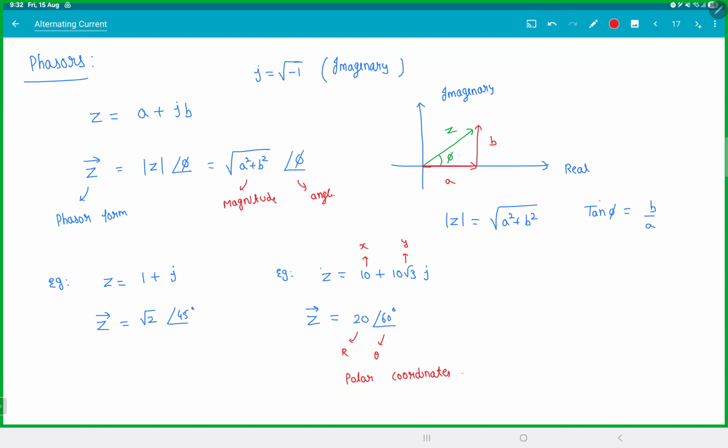Instead of writing that, I'm just putting the angle outside: a magnitude and an angle. The angles are always measured from the real axis as a reference. Is this making sense? If I give you a complex number, you can write it as magnitude angle. Clear with this? This is something new.